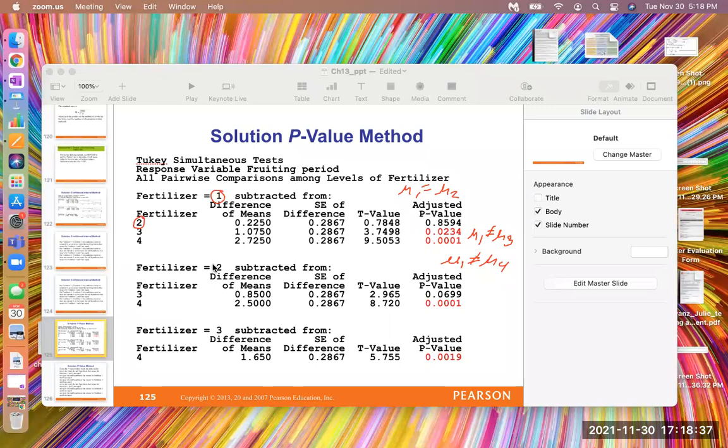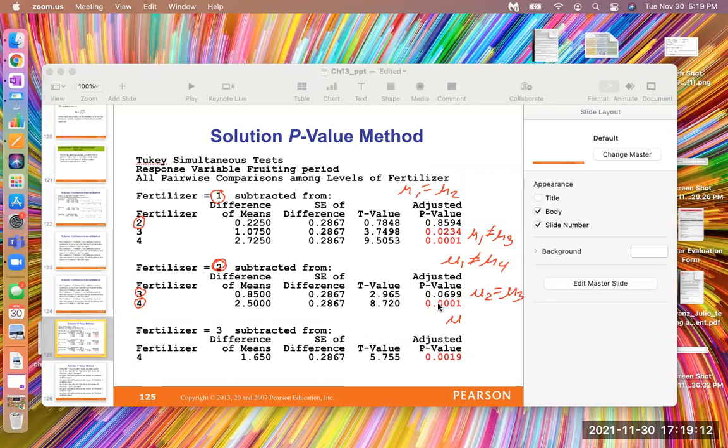Then we compare 2 to 3, the p-value is large, so we fail to reject the null hypothesis. And we say that the mean of 2 is probably equal to the mean of 3. And then the 2 to 4, and the p-value is lower than 0.05.